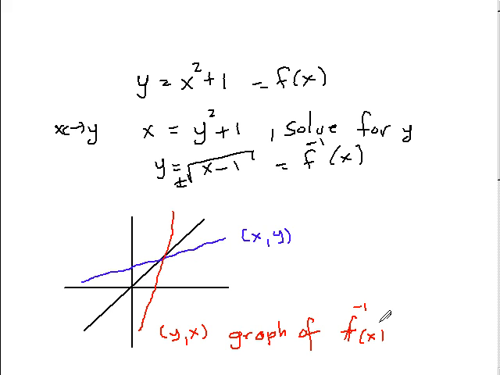And of course, this is the graph of f. So the relationship between the inverse function f inverse and f is that the graph is just a reflection about the 45-degree line.